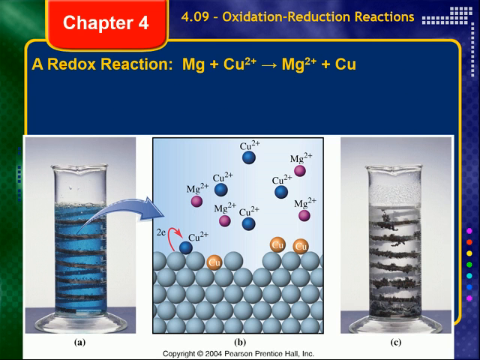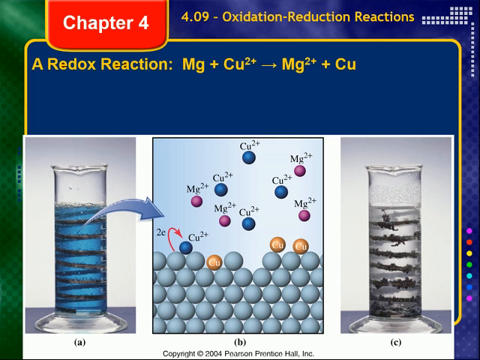So if we look at the particulate view of a redox reaction, for example, magnesium plus a copper 2 ion reacting to form magnesium ion and copper. Notice that before the reaction occurs, copper is the ion, and after the reaction occurs, magnesium is the ion.